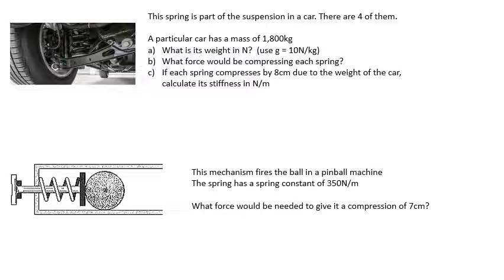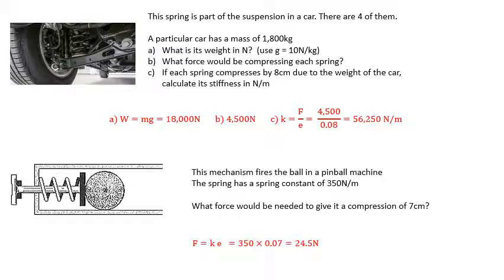Have a go at these questions yourself, pen, paper, calculator, and I'll show you my answers in 3, 2, 1, there. So the first one, a car's got 4 springs in its suspension, and the mass of the car is 1,800 kilograms, so the weight of the car will be 18,000 newtons. That force will be shared between the 4 springs.